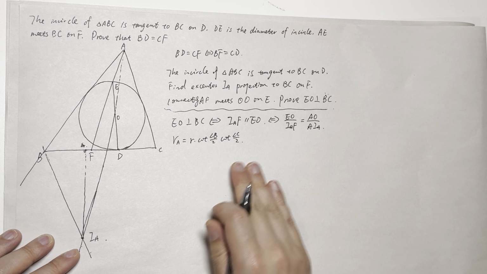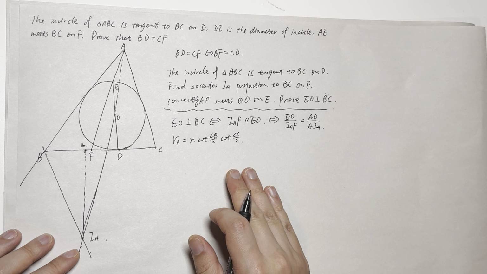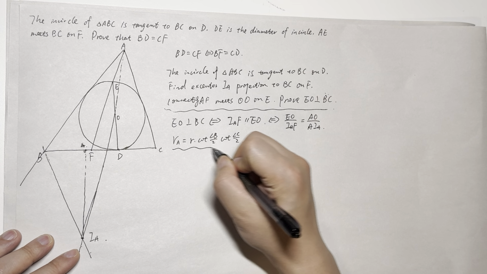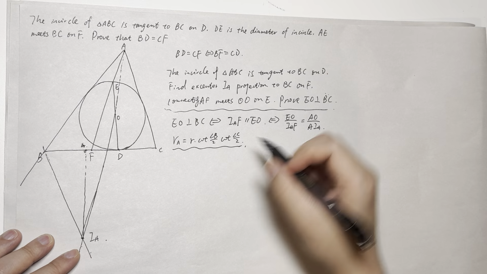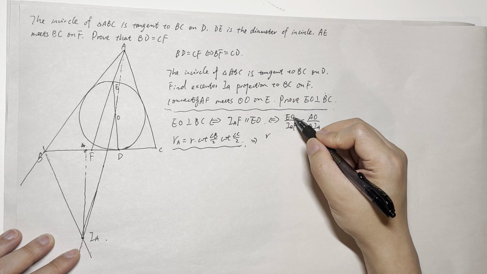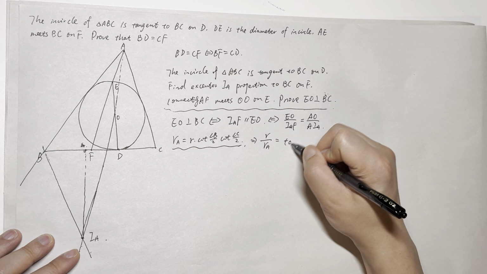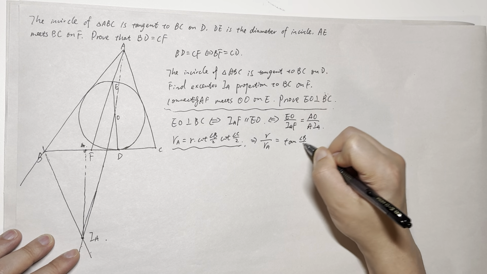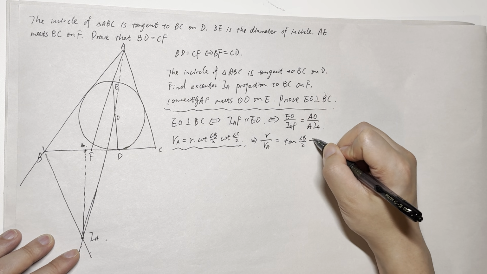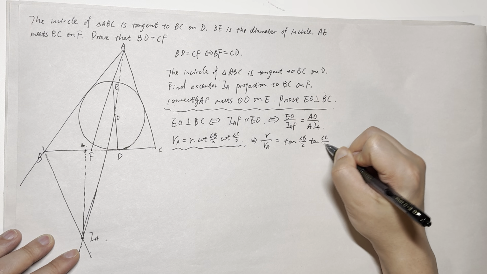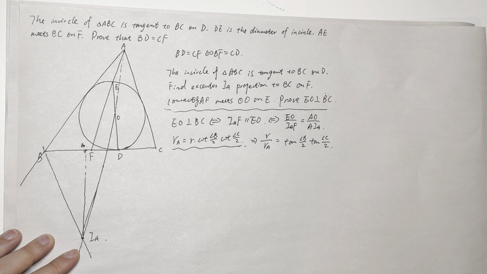We introduced this in the property of the excenter. So we know this relation already, which means we get that R, which is EO, to RA, which is IAF, equals to tangent half angle B tangent half angle C, right?